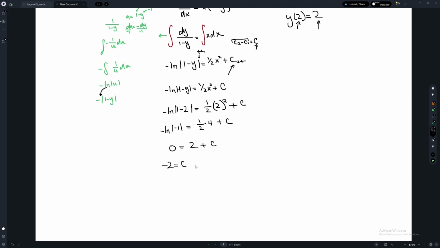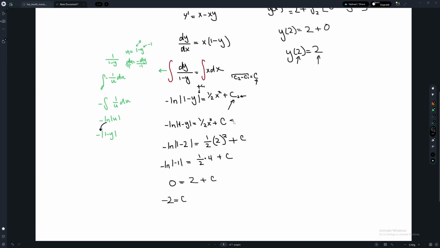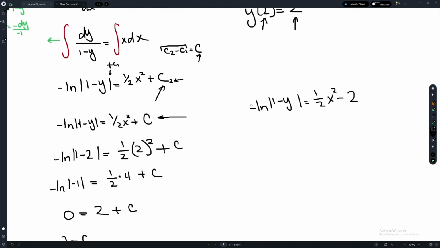Now that we got our negative 2, we're going to sub it back into this equation. So I'll have ln of the absolute of 1 minus y equals 1 over 2 x squared minus 2. Now, to isolate, we can multiply by the negative to get rid of the negative. This will be negative 1 over 2 x squared plus 2.